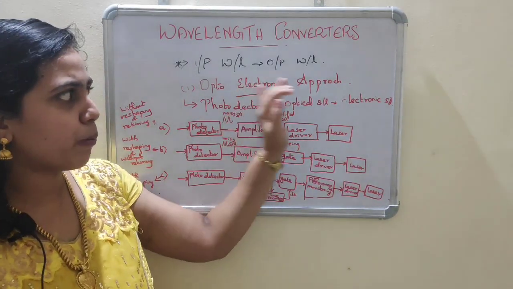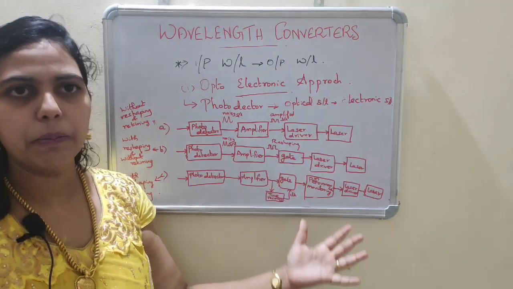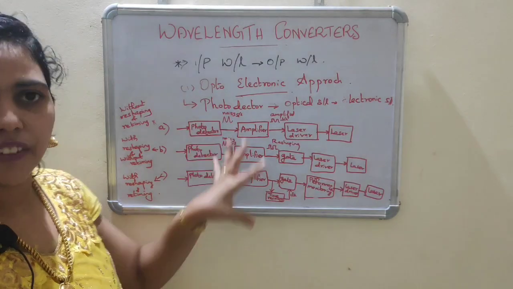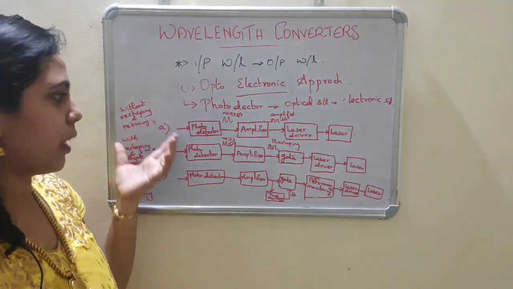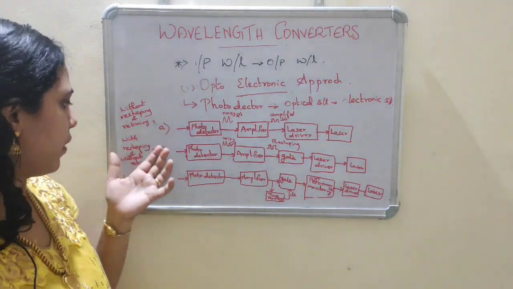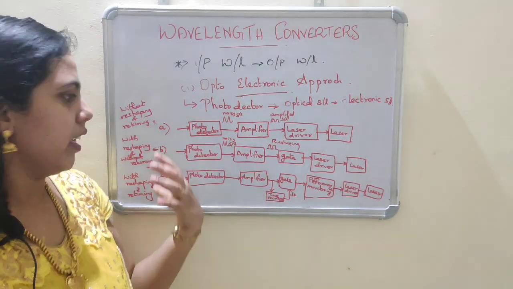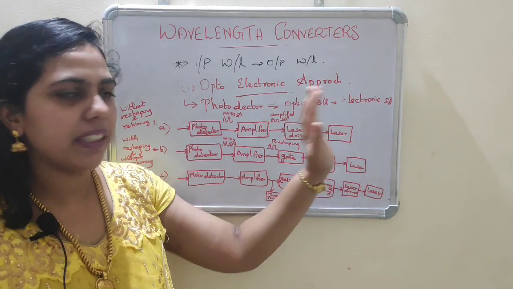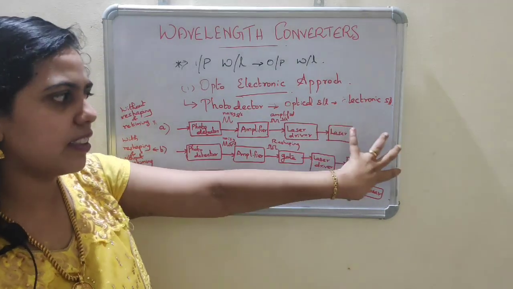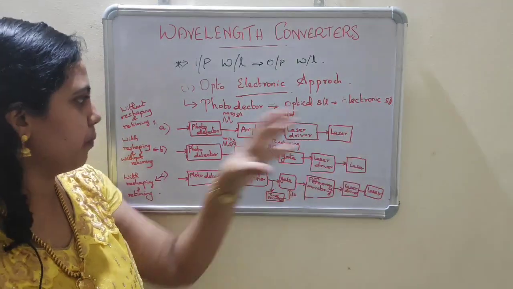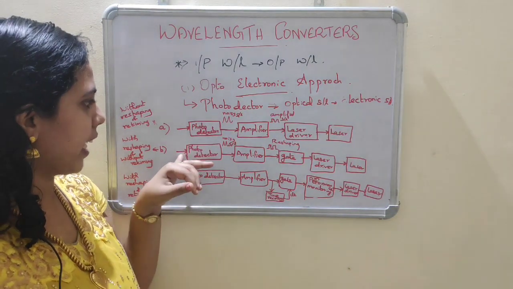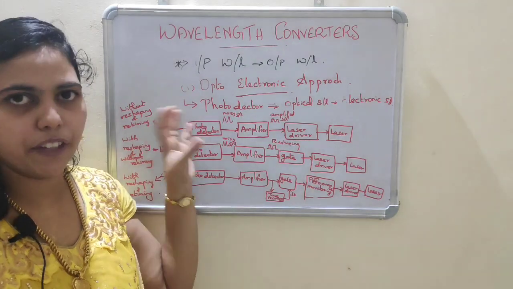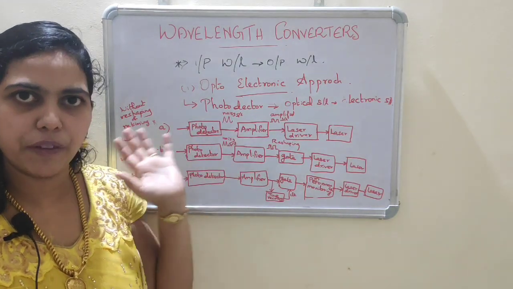So these three types of optoelectronic approach use variable input: without reshaping and retiming, with reshaping and without retiming, and with reshaping and retiming. But our output will be the same, a fixed output from the laser. In the second type, with reshaping and without retiming, the photodetector gives a variable input.